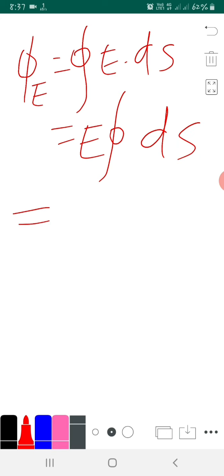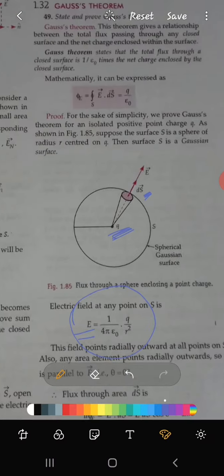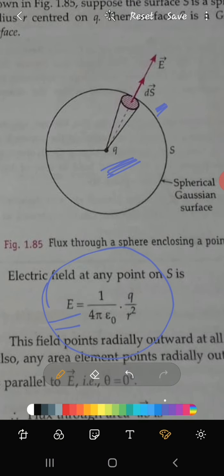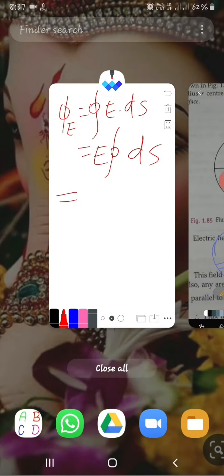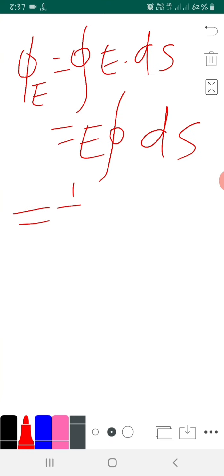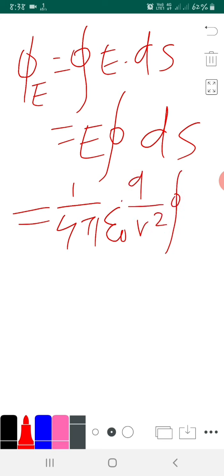But we know that the value of E, according to this expression, is E equal to 1 upon 4 pi epsilon naught q upon r square. So write as it is: 1 upon 4 pi epsilon naught q upon r square into line integral of ds.